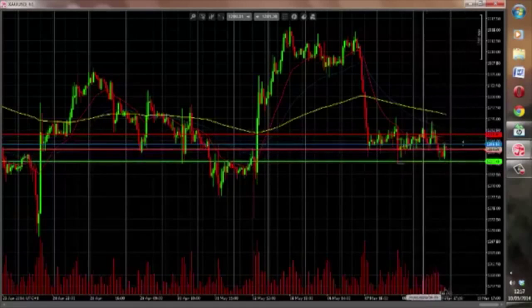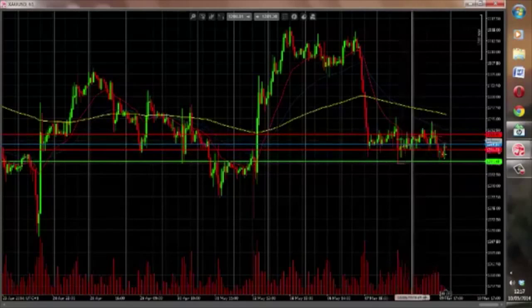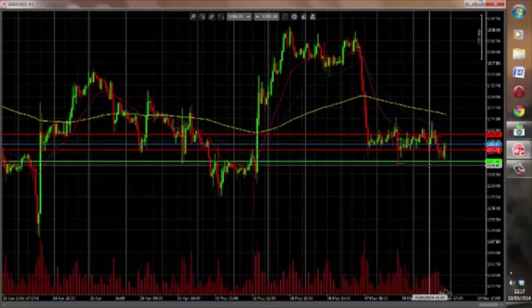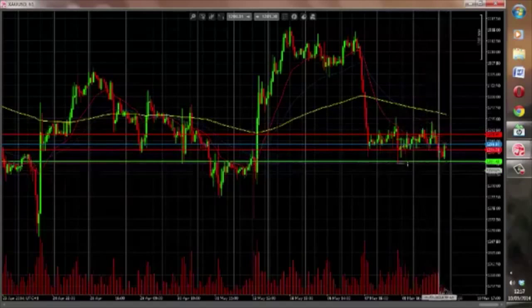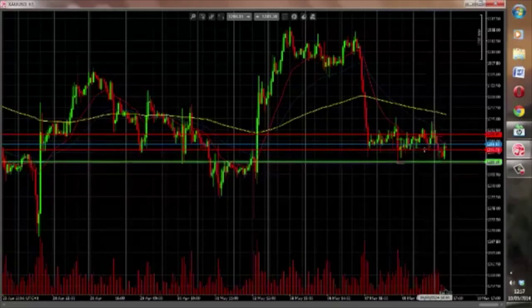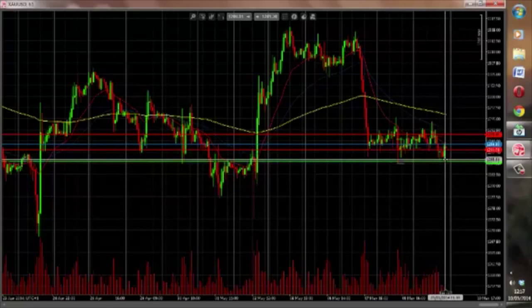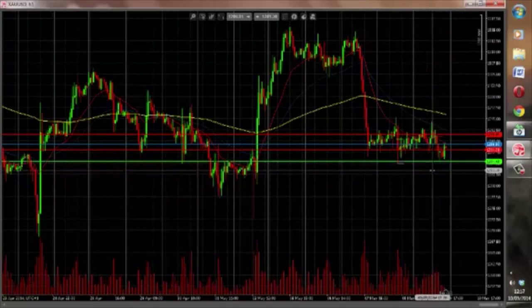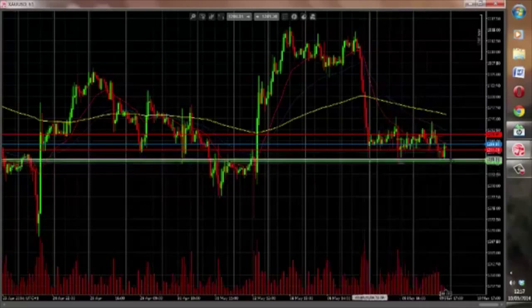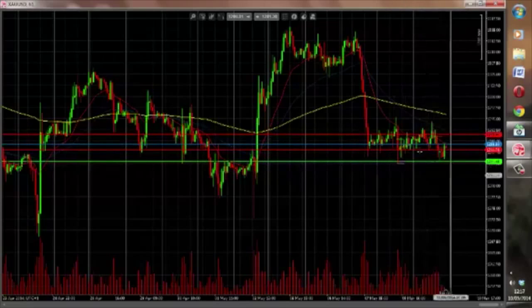But this is a Friday price action, so it tends to be weak. If you saw this price action during the week, there would be more action. But there is a lot of volume piling in, even for a weekend. So it's a good opportunity to be in here for a Monday.